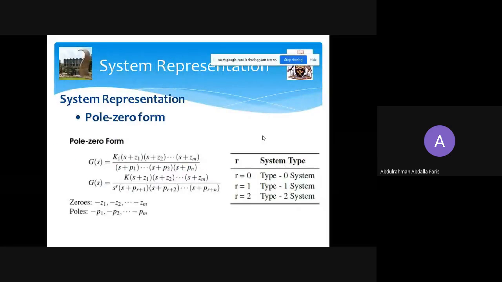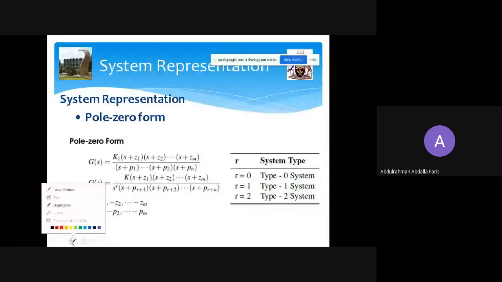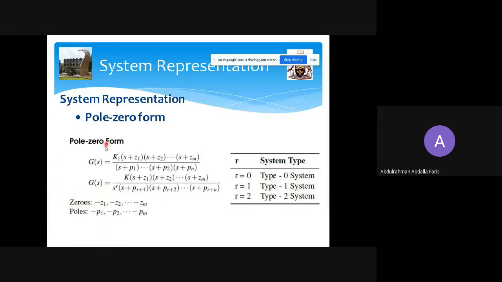So for system representation, we have two forms. We have the pole zero form, and also the time constant form. For the pole zero form, you can see from this equation G of s, we have a numerator and a denominator. In the numerator we have a constant, and the whole numerator is factored, also the whole denominator.